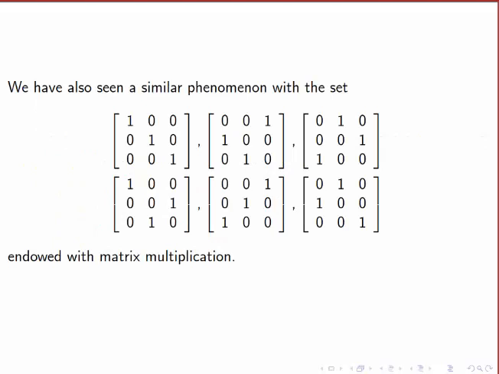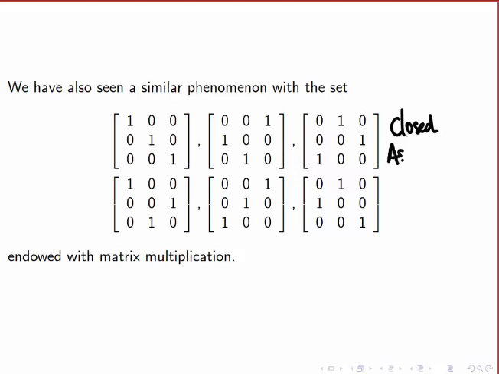And we have also looked at seemingly different sets endowed with completely different operations. So for instance, we've seen that if we consider the following set of 6 matrices endowed with matrix multiplication, all of the properties that we've discussed earlier are satisfied. In which sense? We have that this set is closed under matrix multiplication.